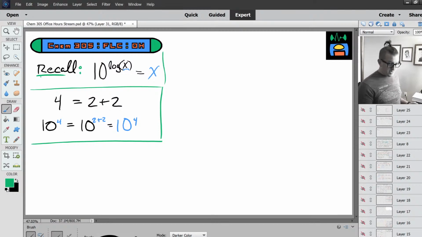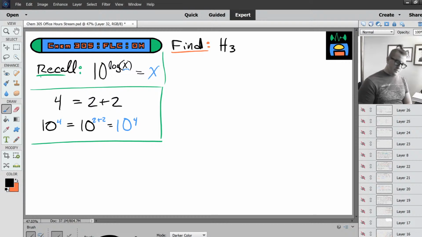We're going to use both of these because, take for example, we want to find the concentration of hydronium, which is the molarity, and we're given the pH.